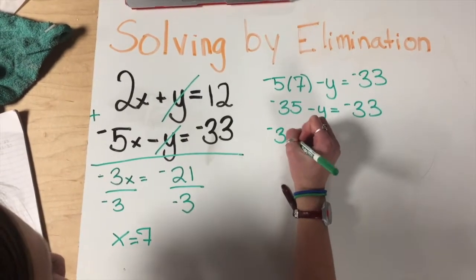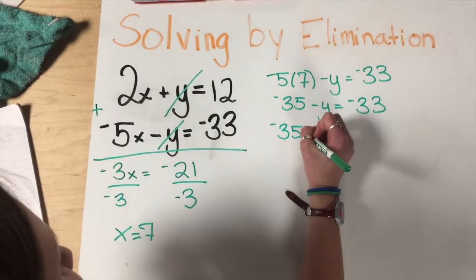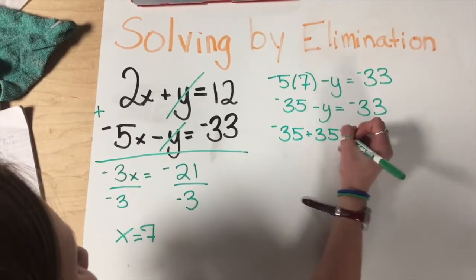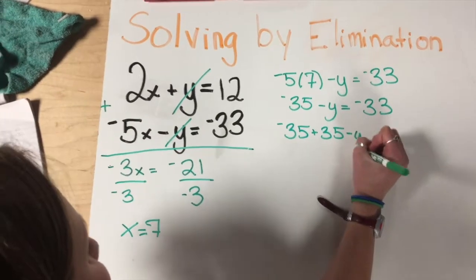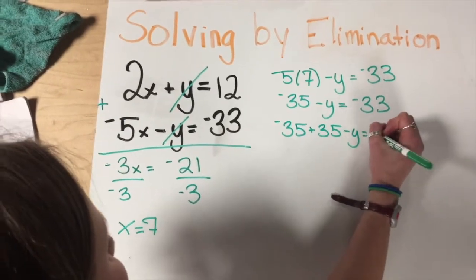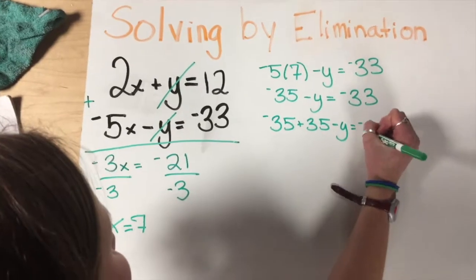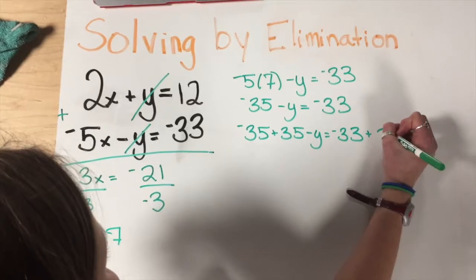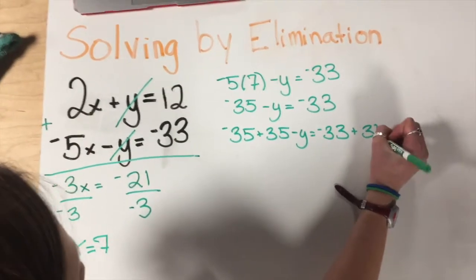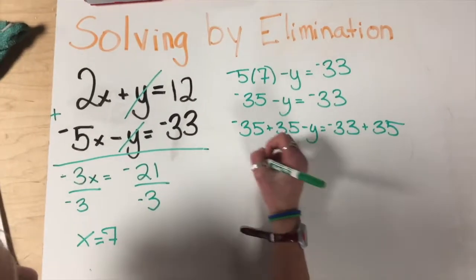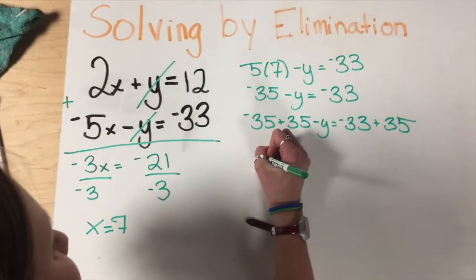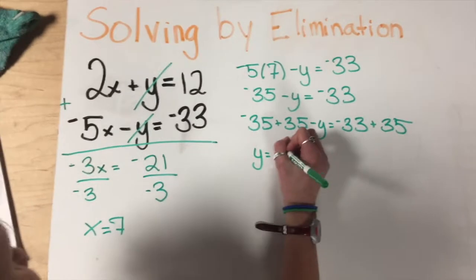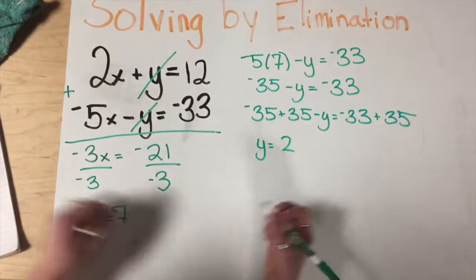So you get negative 35 plus 35 minus y equals negative 33 plus 35. And so the 35s will cancel, which gives us y by itself. And negative 33 plus 35 is 2. So y equals 2.